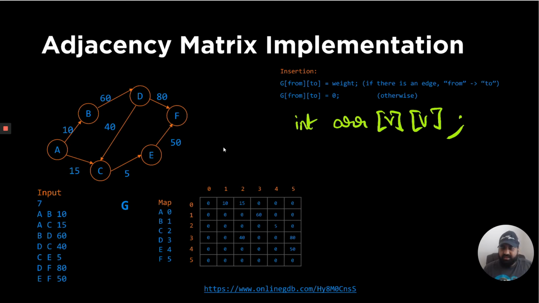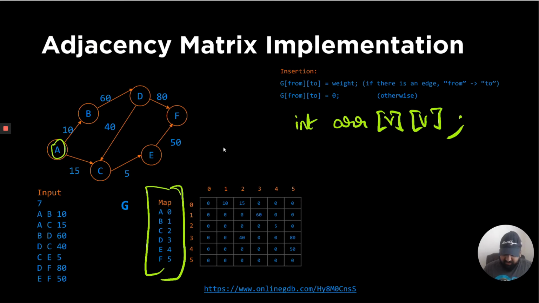We convert those labels into integers, so we again have some map here, which stores a mapping of each of the labels: A is mapped to 0, B is mapped to 1, and C is mapped to 2, and so on, because the array indices are integer values. They do not know what the strings are.